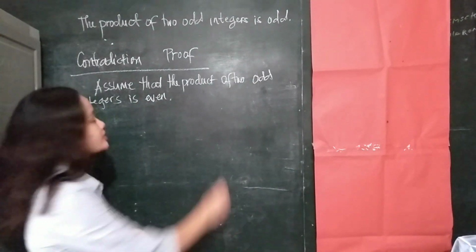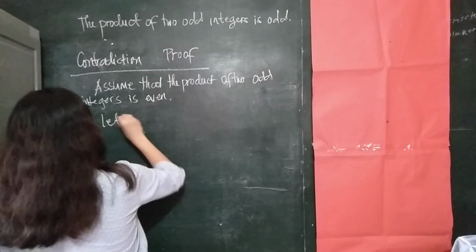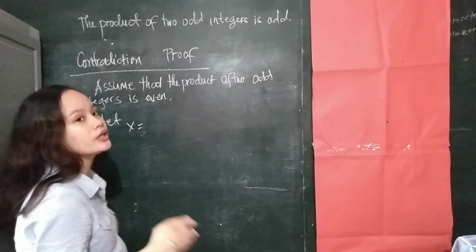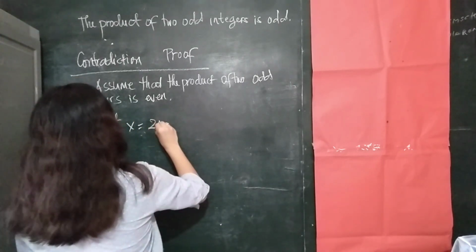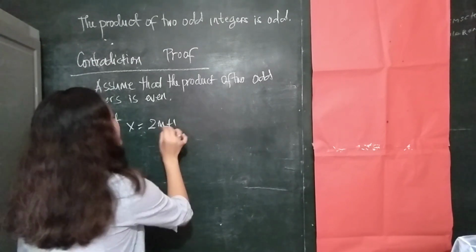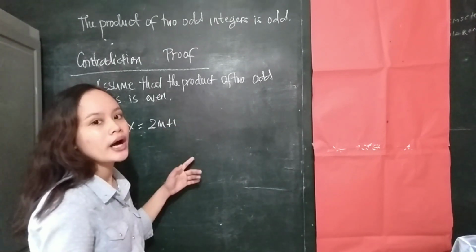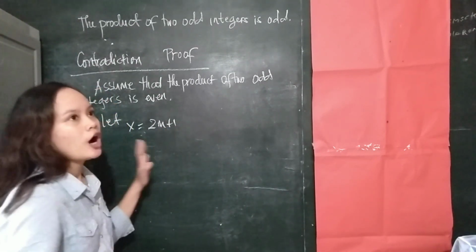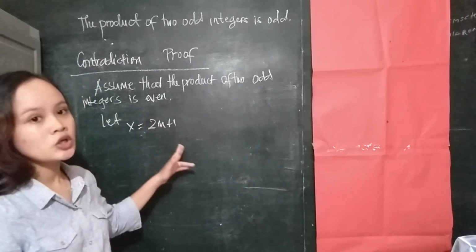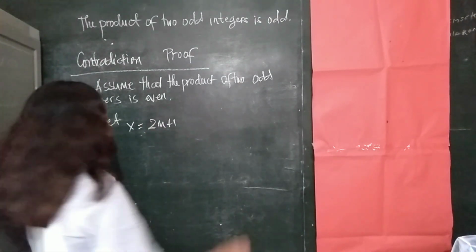So let x be equal to 2m plus 1. Since we added 1 after the 2m to make it an odd integer.